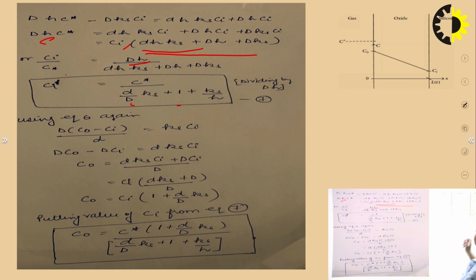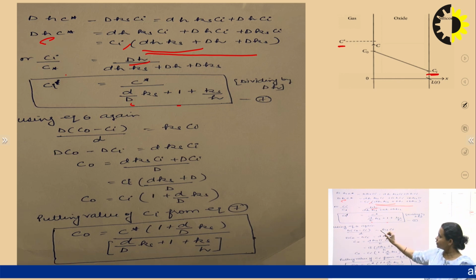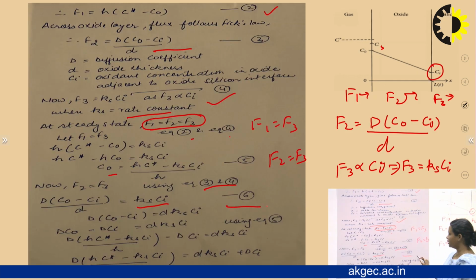Ci is the concentration at your silicon interface, and C star is the concentration in the gaseous phase, initially, when it is about to transit phase. Equation 6 is the same one we got when we equated F2 and F3. We have to use this equation again to create the expression in an easier way.